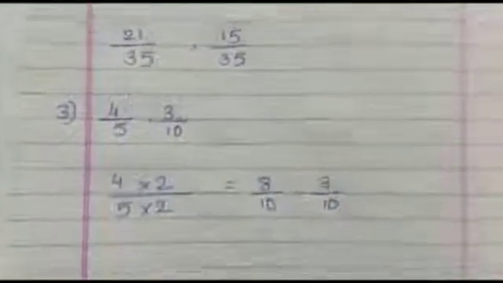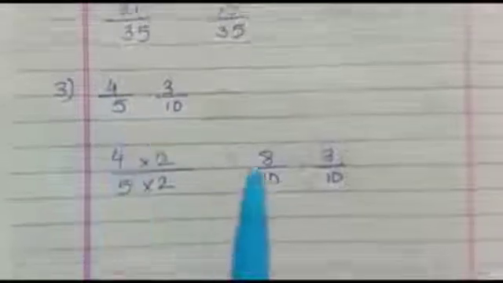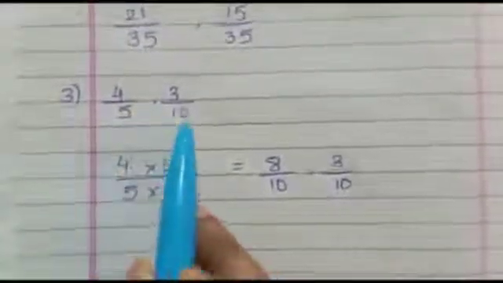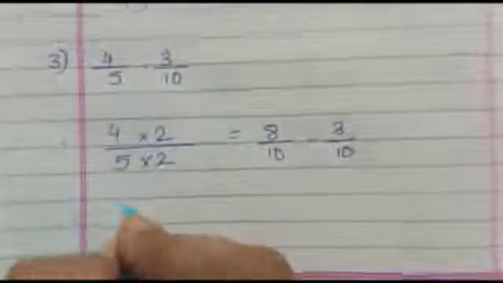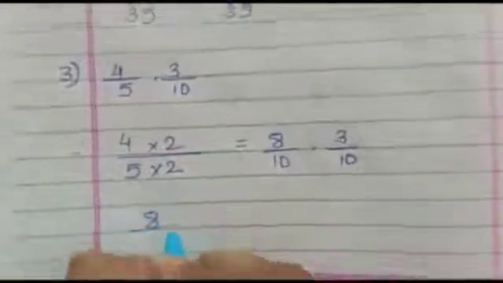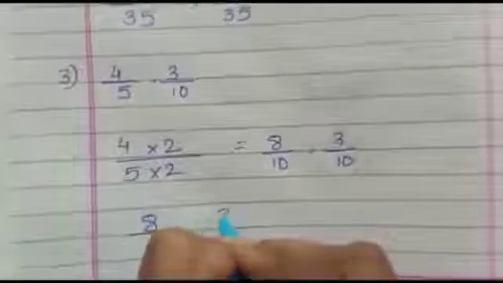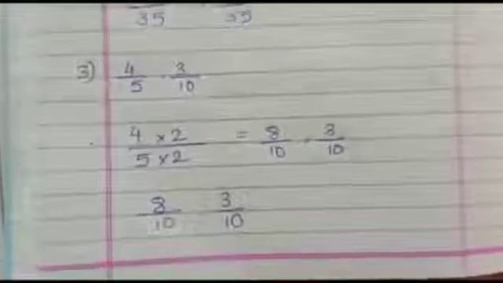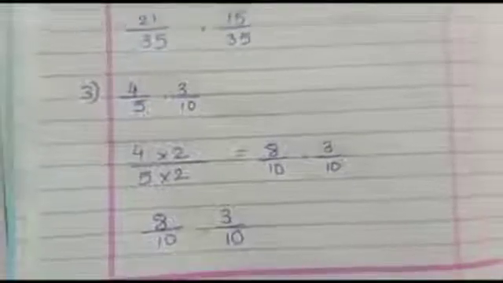Here you don't have to do cross multiplication because this number is divisible by 5. When the denominators are not divisible, that time you will do the cross multiplication. So the final answer is 8/10 and 3/10. Okay, so students, in this way you have to convert the unlike fractions into like fractions, and you have to solve problem set 18.